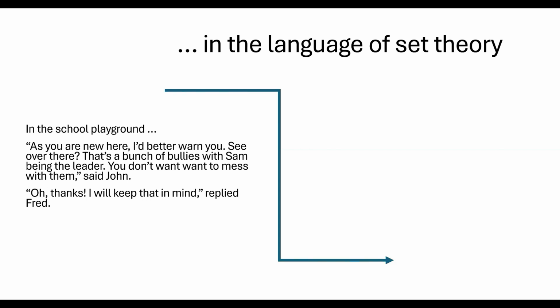Okay, so this is a casual conversation between two boys, but buried under it, there's some information that we want to know. In the language of set theory, this is what is inside it.